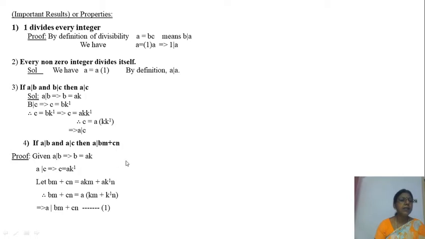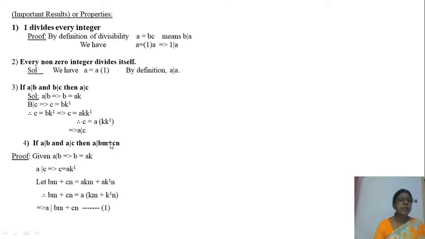No doubt k is an integer. We are also given a divides c, so c is equal to a into another integer k dash. Then our aim is to prove a divides bm plus cn.